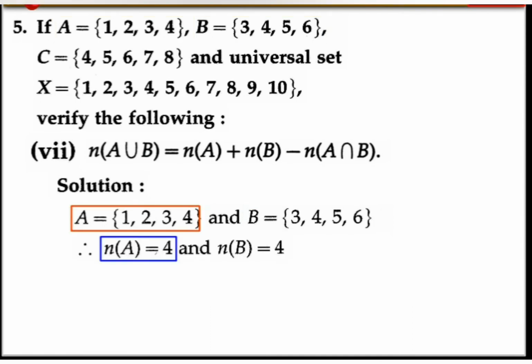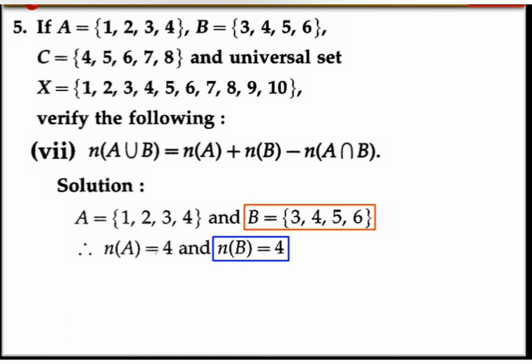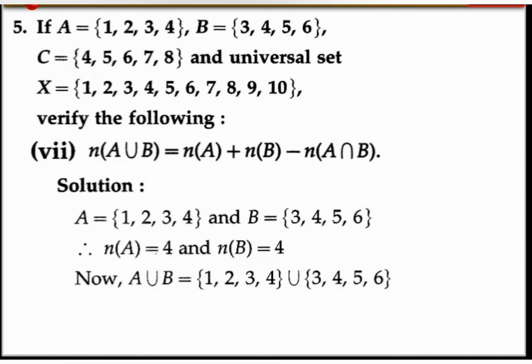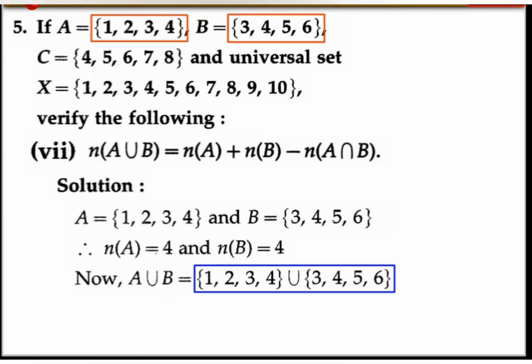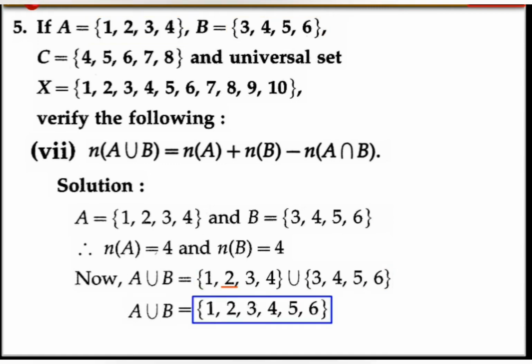Which means number of elements in A is equal to 4 and number of elements in B is equal to 4. Now, A union B is equal to set of 1, 2, 3, 4 union set of 3, 4, 5, 6. That is set of 1, 2, 3, 4, 5, 6.